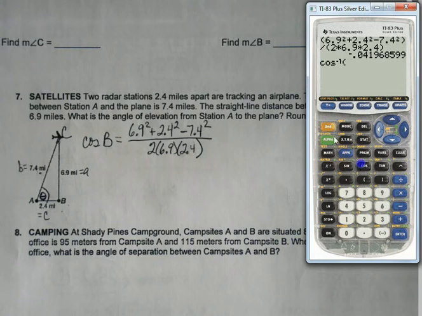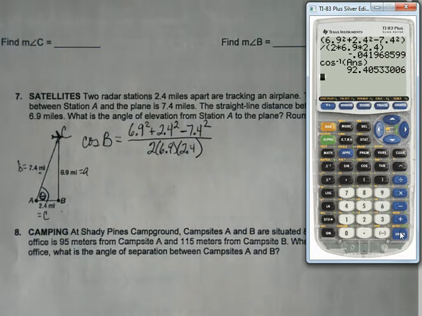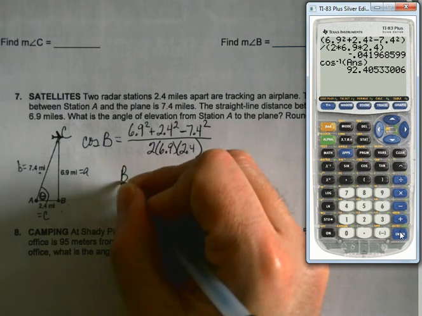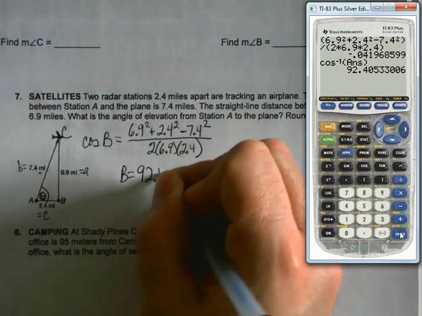And let's get the inverse of my cosine. I find out B is 92.4 degrees.